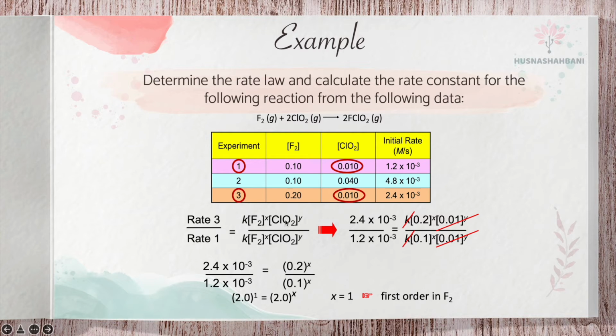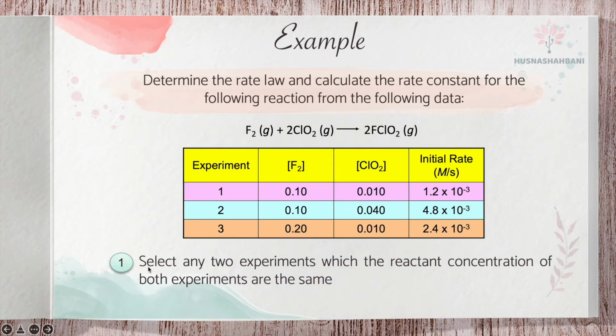And then we want to find out the value of y. If we want to find out the value of y, you need to find the constant value for F2, same value for F2, which is 0.1, 0.1. So you have to select these two experiments, experiment 1 and experiment 2, because we need to find out y. And then repeat again, select any two experiments.